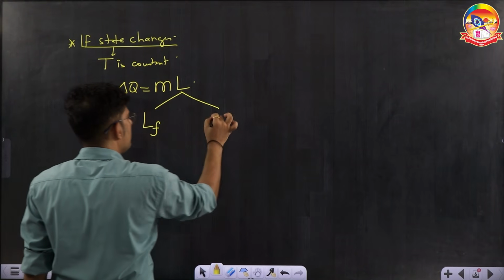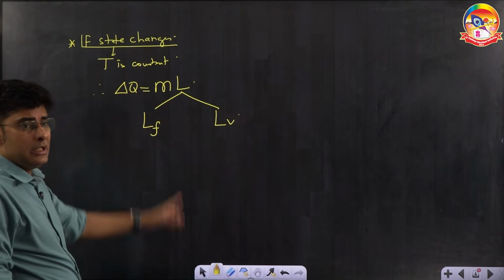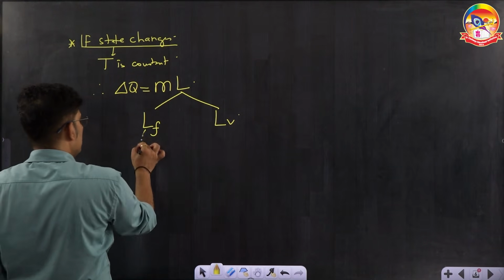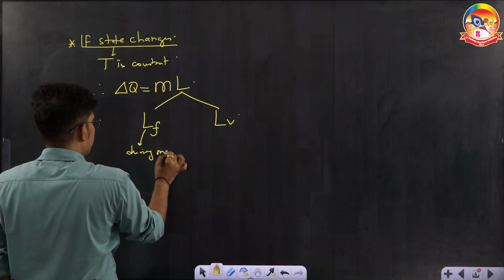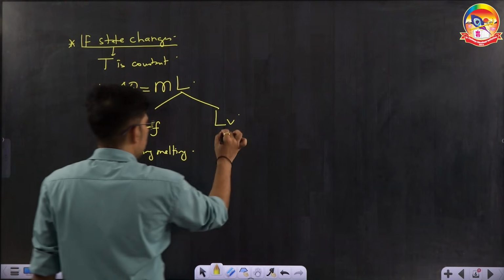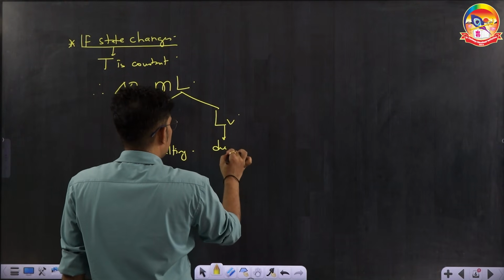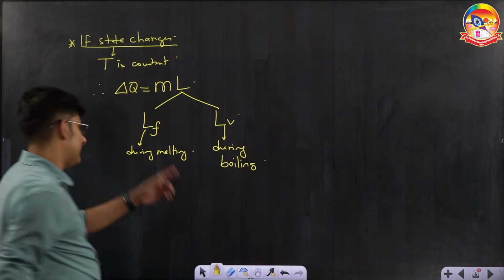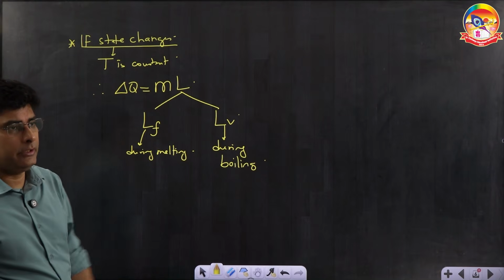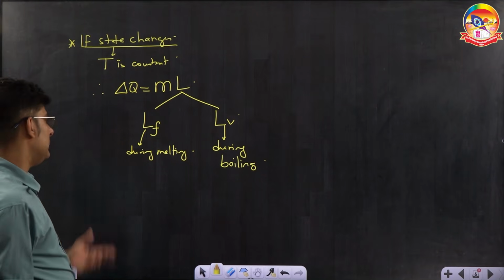One is latent heat of fusion, one is latent heat of vaporization. Latent heat of fusion we use during melting, and LV we use during boiling, liquid to gas.